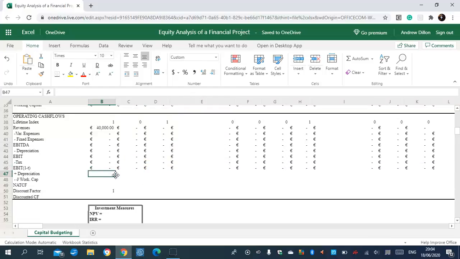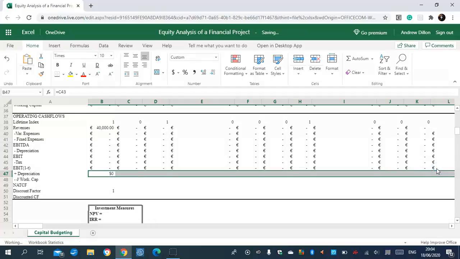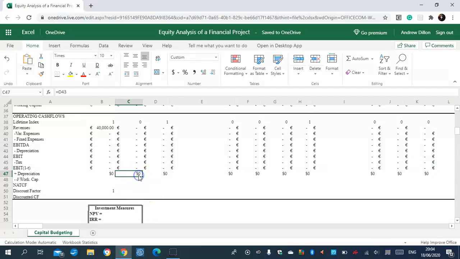Okay, depreciation. Let's start that again. That's in the wrong place.